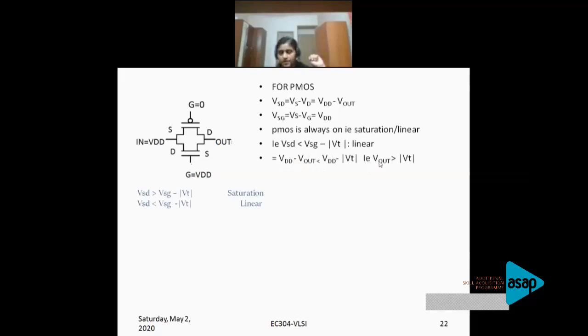When I rearrange, what I get is that when Vout is greater than VTH, the threshold voltage, the PMOS goes into the linear region. So obviously if Vout is greater than VTH it is linear, then when Vout is less than VTH, it should be in saturation. That you will get by directly substituting in the first equation. So we got the expression for which case it is linear and which case it is saturation.